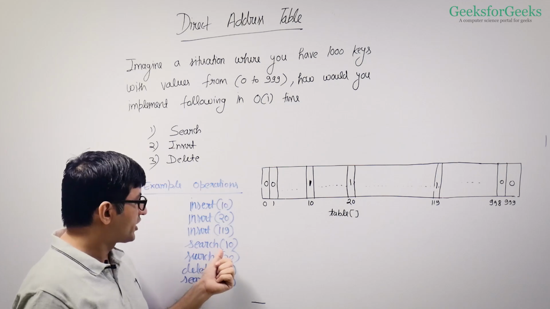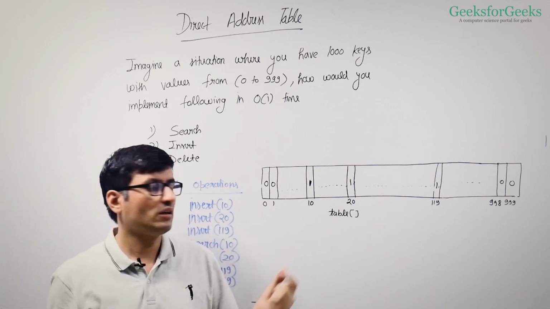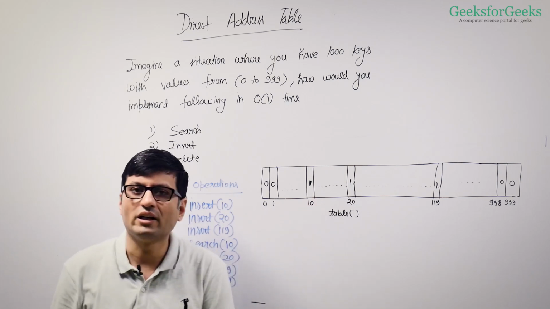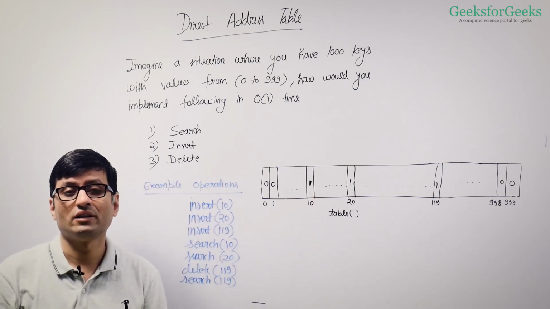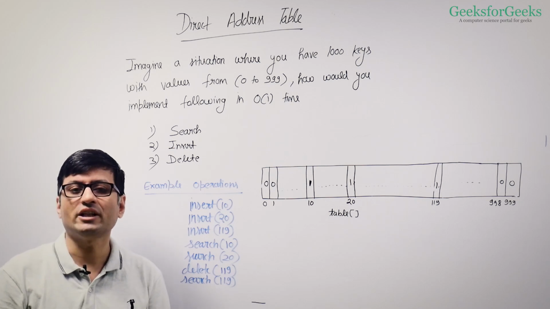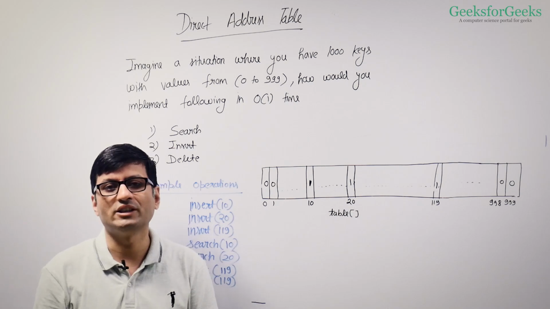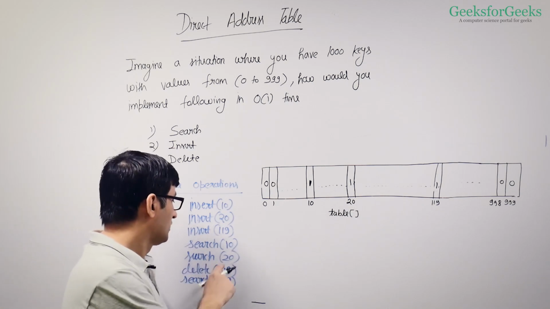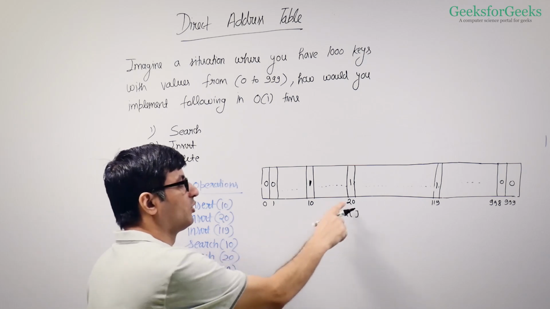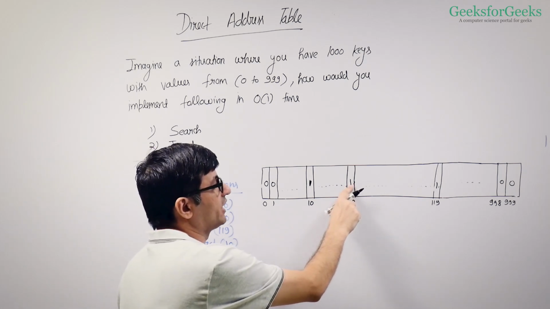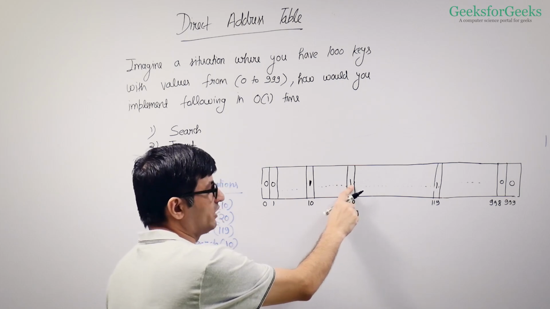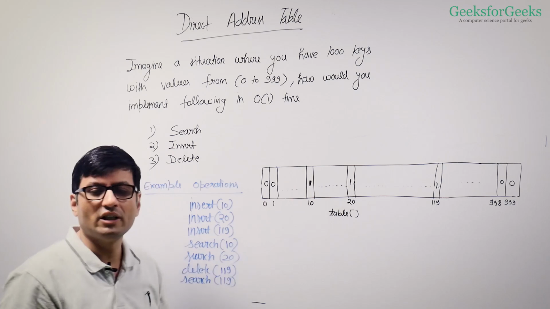Now when I say search 10, I just need to go to this index 10 and find the value of it. If it is 1, then I'll say that element is present. Otherwise, I'll say element is not present. Search 20, I'll go to this index and find if the element is present. The value is 1, so I'll say element is present.